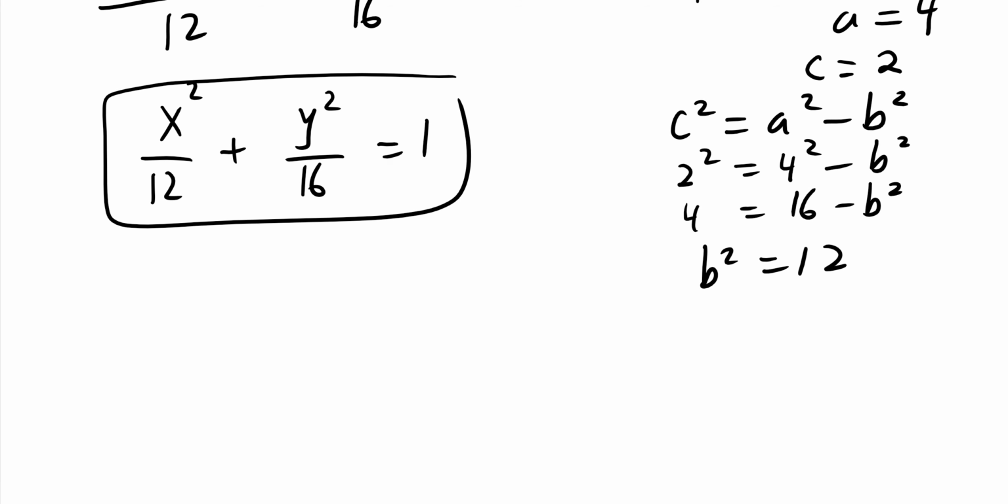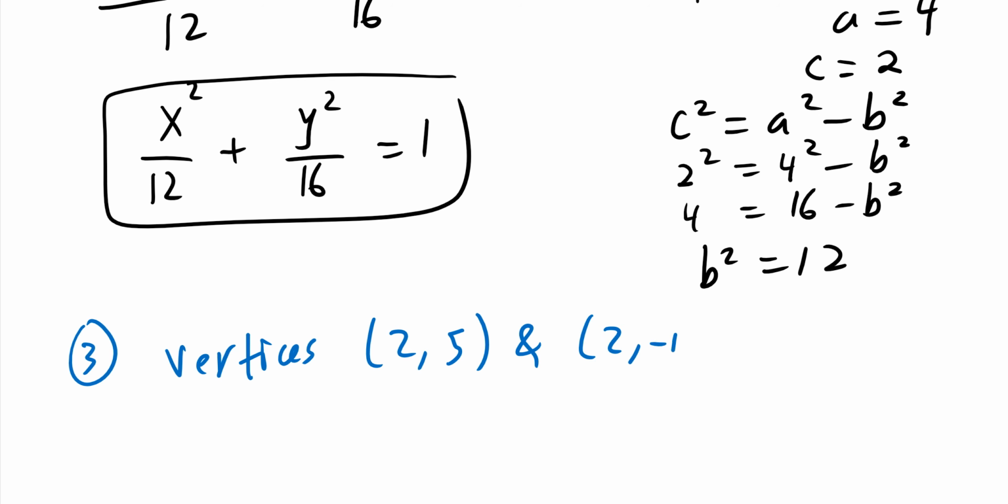Now, let's look at another example. Let's say they give us the vertices (2, 5) and (2, −1), and also they give me the value of c.